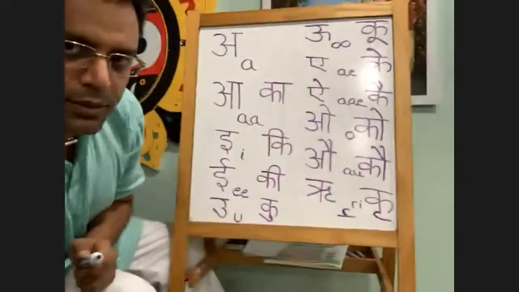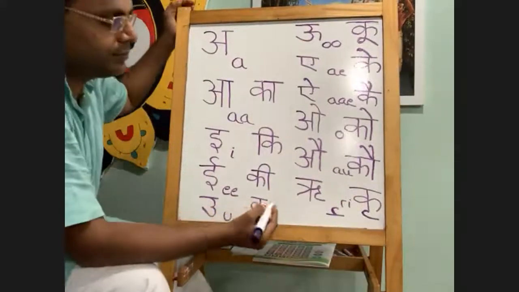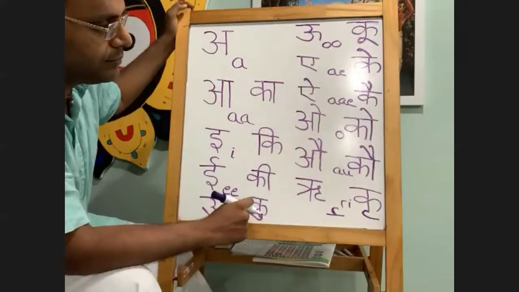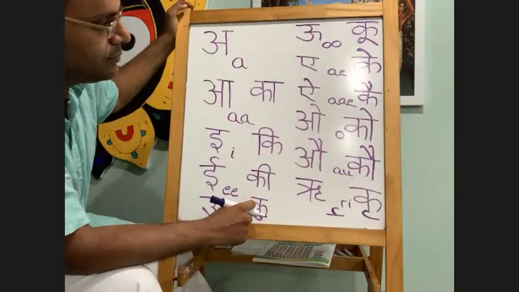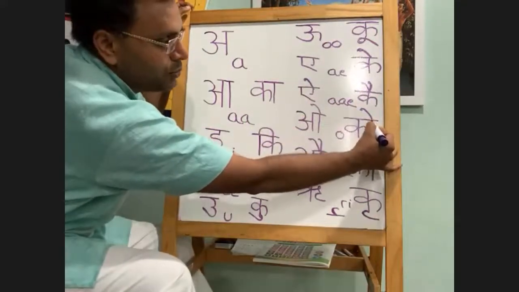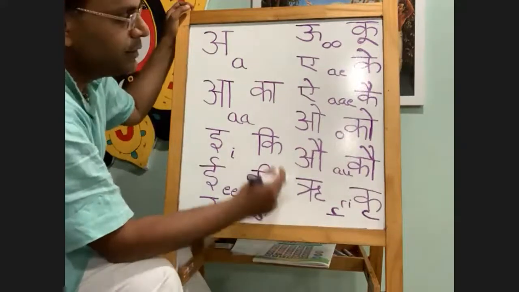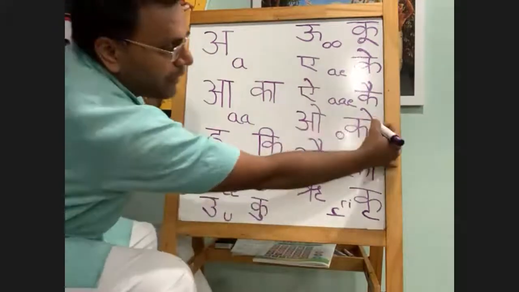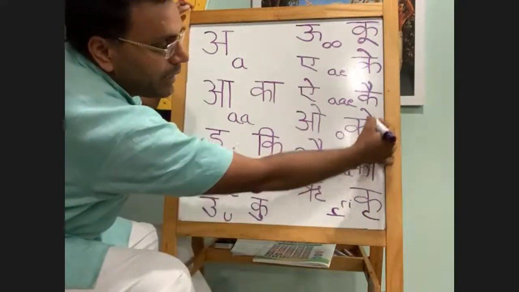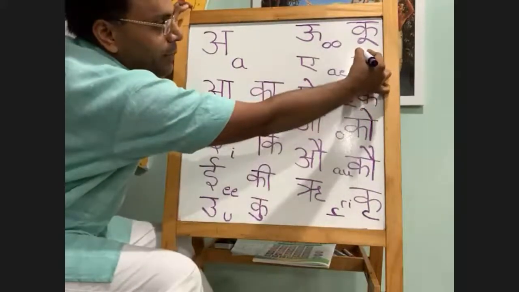Because in O and OW, whenever I see it, it looks like it's the same matras for A and I. No, see here the difference is there is a straight line also. Okay, so in O there is a straight line after the letter and then that top line. In A it's only that top line.